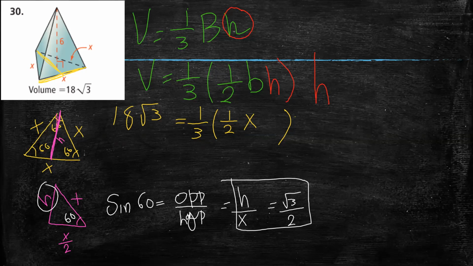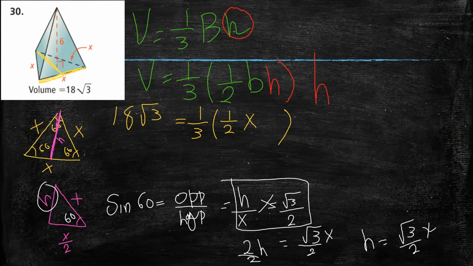And sine 60 is square root of 3 over 2. So 2 times h, by cross product, equals square root of 3 x. Over 2. So the length of the height is square root of 3 over 2 x.